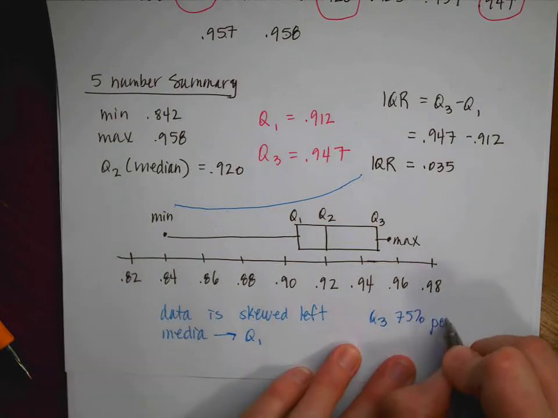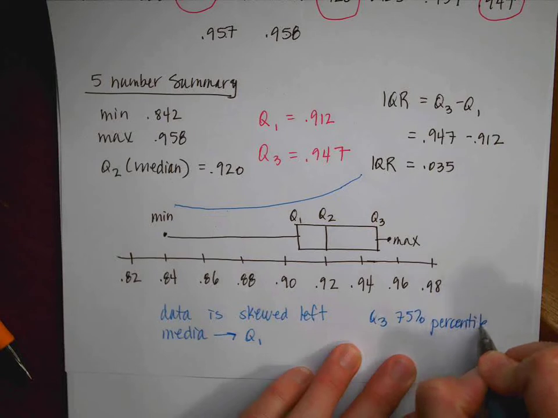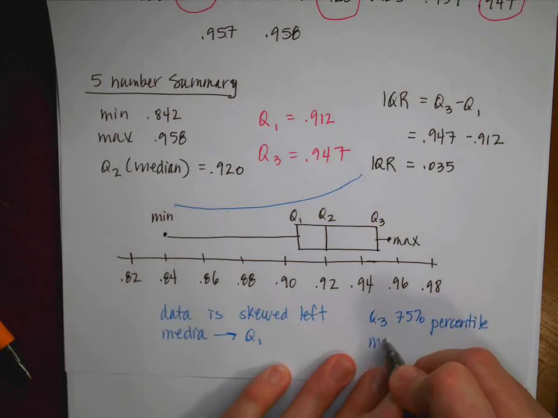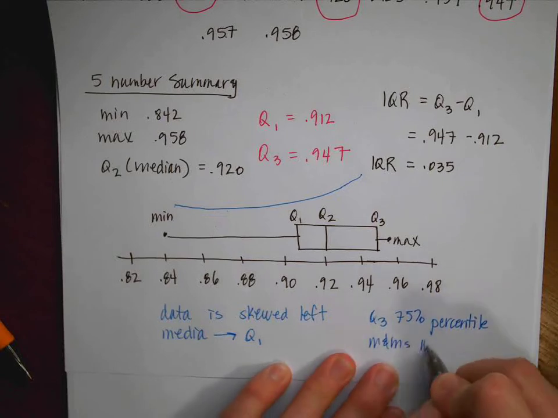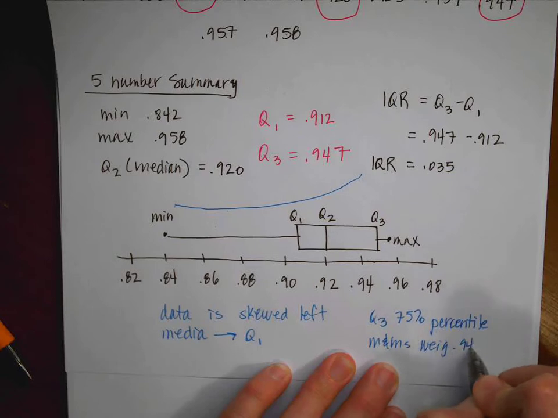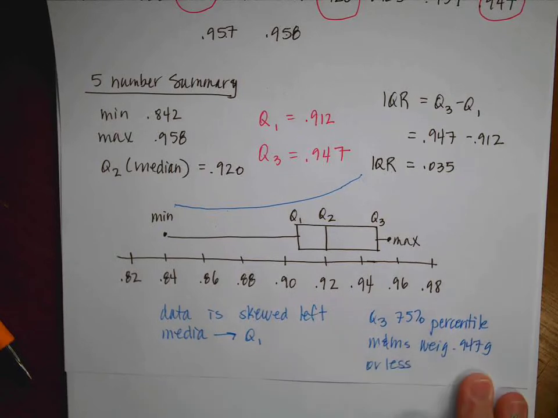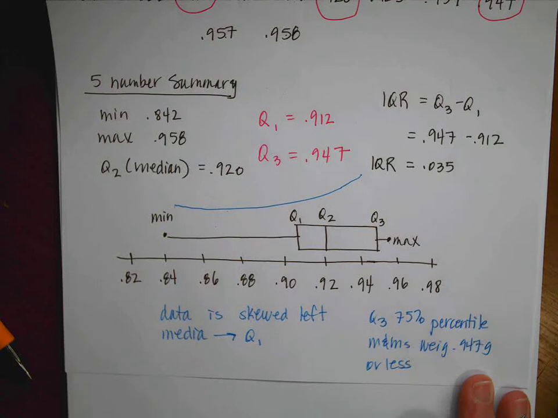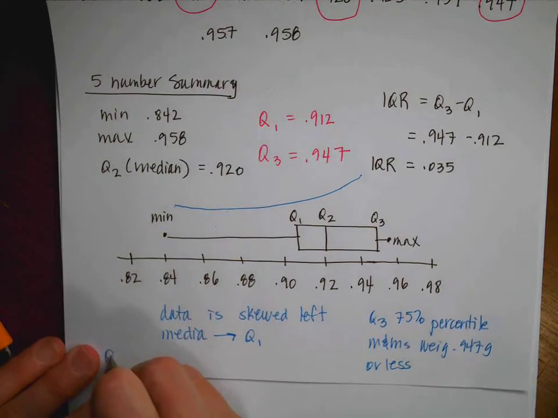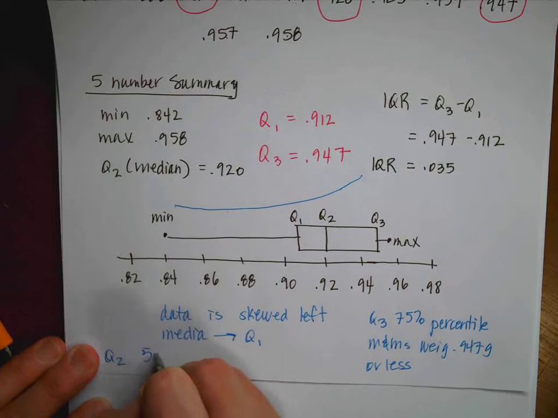Okay, Q3 says that 75%, remember this is a percentile, of our M&Ms weigh 0.947 grams or less, because remember that our box and whisker plot is talking about a percentile, okay?